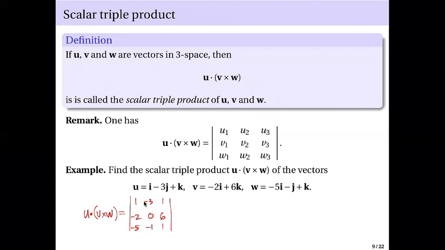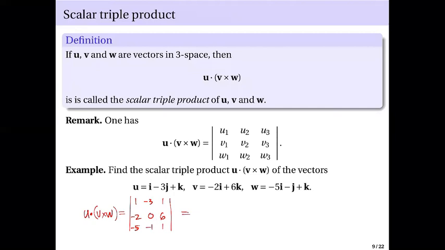You can also use cofactor expansion along any row. You can use cofactor expansion along the second column or the second row because there's a 0 here. So you can use any method to get the determinant of this. Let's see.